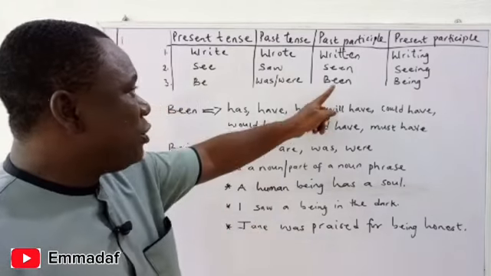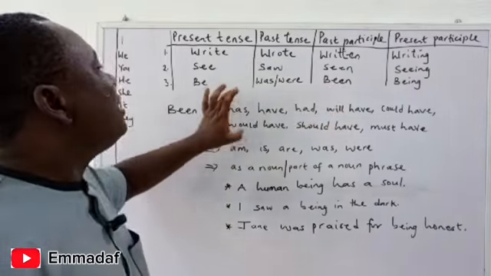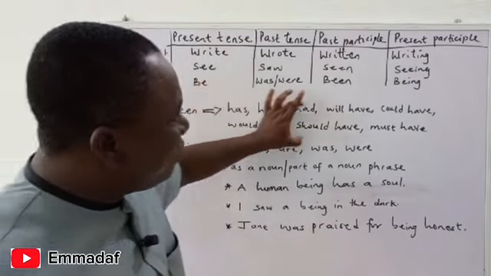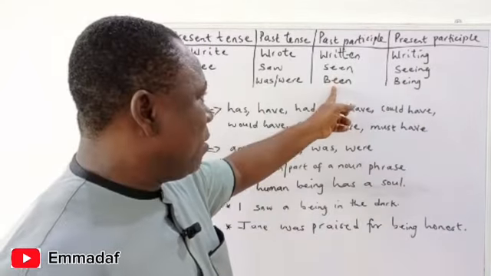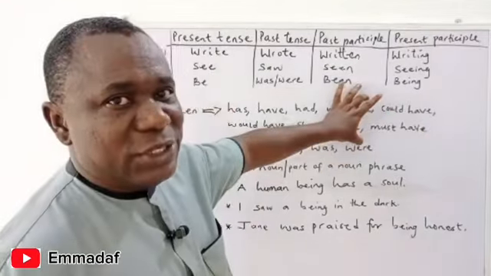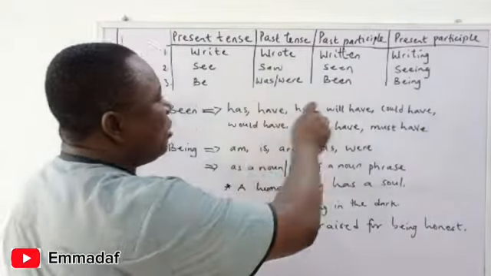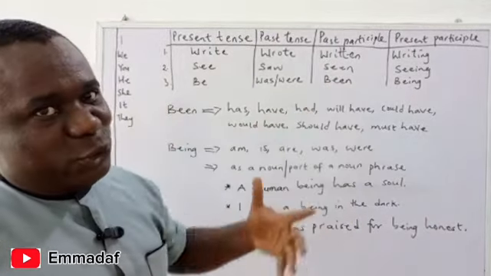This rule applies to "been" as well. So anytime you see any of these auxiliaries and you want to use "been" or "being", look out for these auxiliaries. If you see any of these auxiliaries in the sentence, you know that this is the form to use.